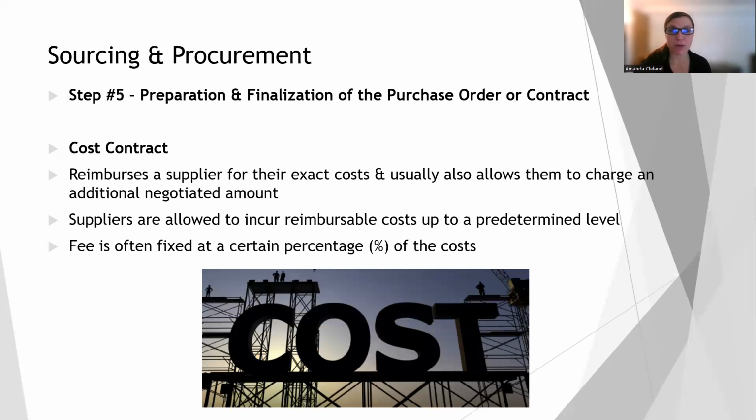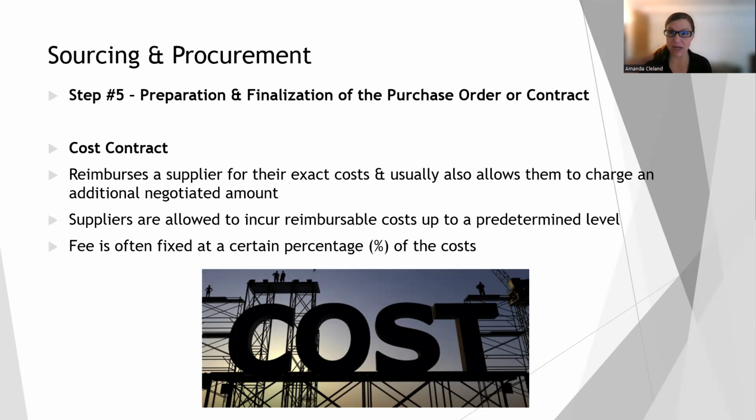The next type of contract we have is a cost contract. That would be where we, as the buying organization, would reimburse the supplier for their exact costs, exactly what they paid for whatever that product or service is. And usually it also allows them to charge an additional negotiated amount, usually some sort of fee or profit.